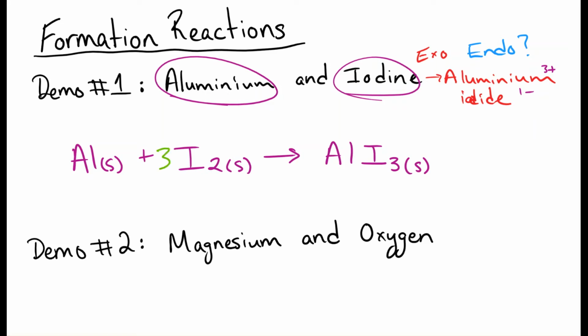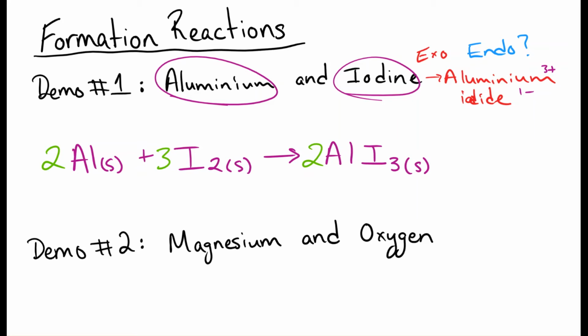The way I did that is I knew that 2 and 3 have a lowest common multiple of 6. So I need 6 iodines in the reactants and in the products. And because I have 2 aluminium iodides, I need 2 aluminiums. Perfect, no problem. So that was the first reaction.